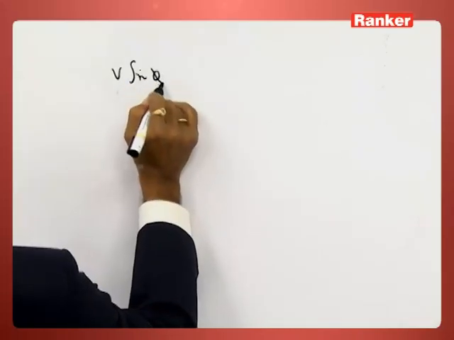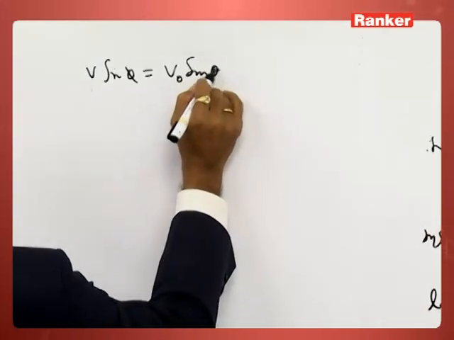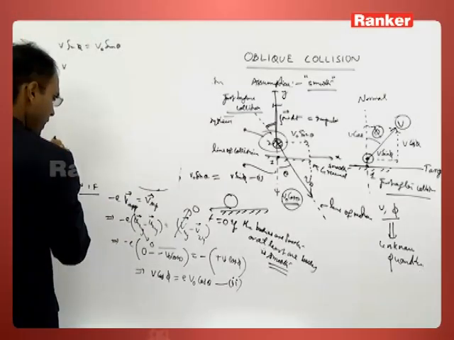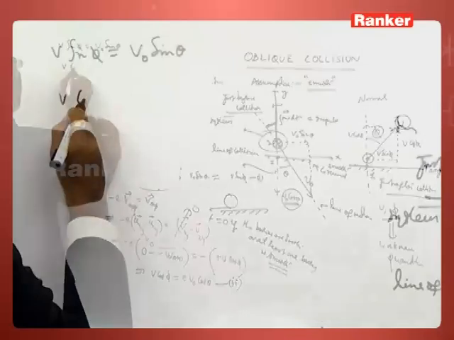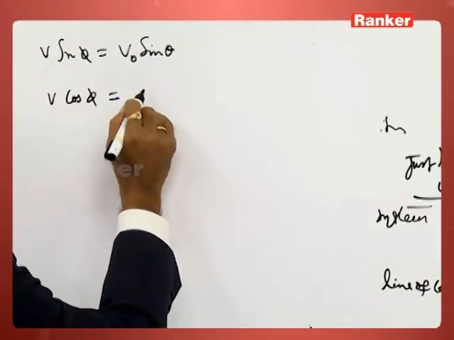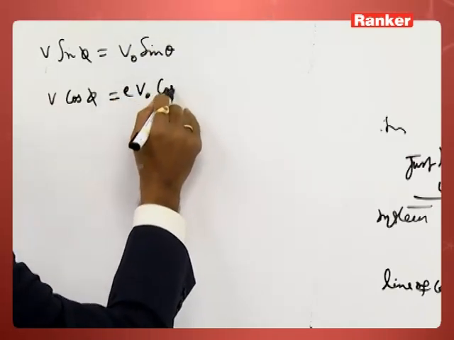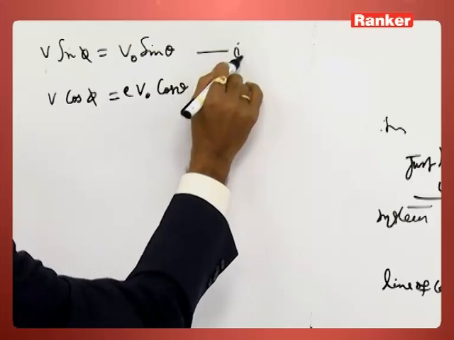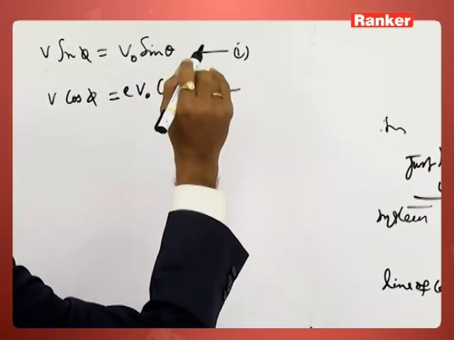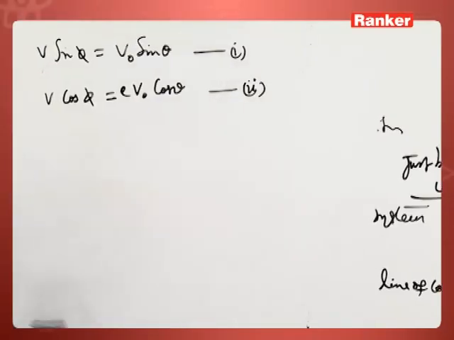V sin phi equal to V naught sin theta, and V cos phi is equal to e V naught cos theta. Let us solve these two equations.